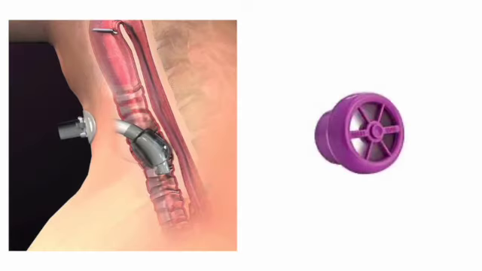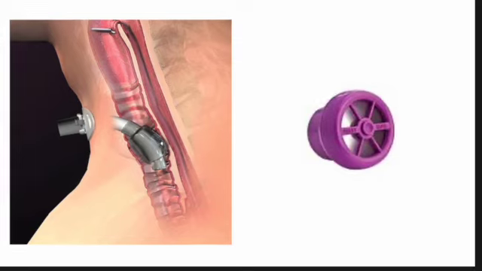Okay, so let's talk a little bit about the tracheostomy cuff and when it should be inflated or when it should be deflated. So if a patient with a tracheostomy tube is connected to a mechanical ventilator, do you think this tracheostomy cuff should be inflated or deflated? Yeah, it should be inflated so that the air comes in and out through the tube and doesn't go back up the trachea. What if somebody with a tracheostomy tube is not hooked up to the mechanical ventilator?